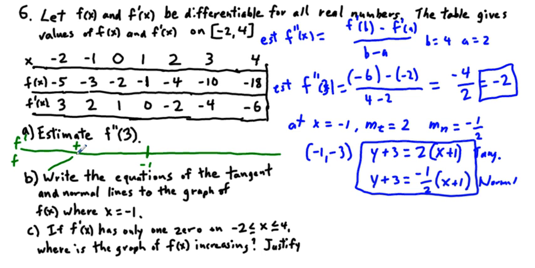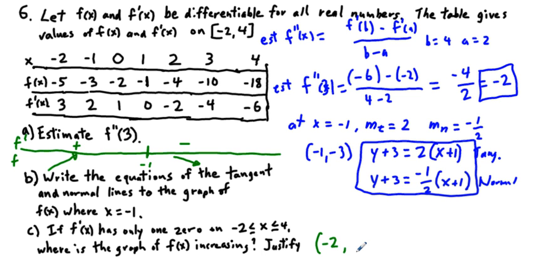So you have the function going up from negative 2 to negative 1, and f prime is negative there, so we're going down. So we'll say where the graph is increasing, we're going to say negative 2 to 1.